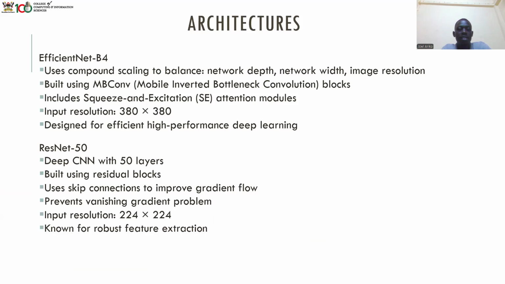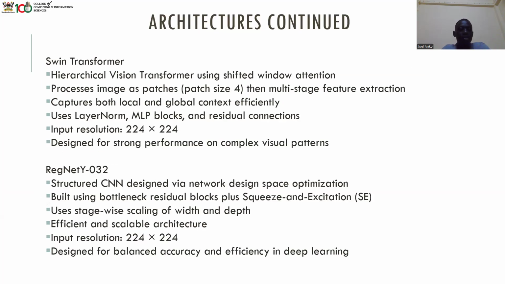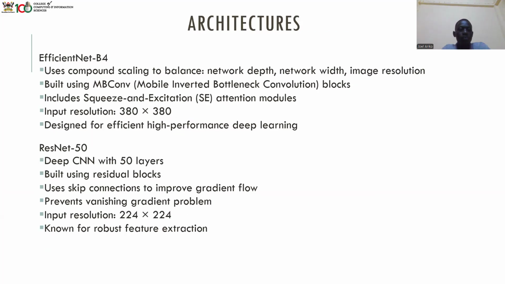Then the architectures: the EfficientNet B4, the ResNet 50, the Swin Transformer, and the RegNet Y032. For each of these, for example the EfficientNet B4, it uses compound scaling to balance its parameters, which are the network depth, the width, and the image resolution.